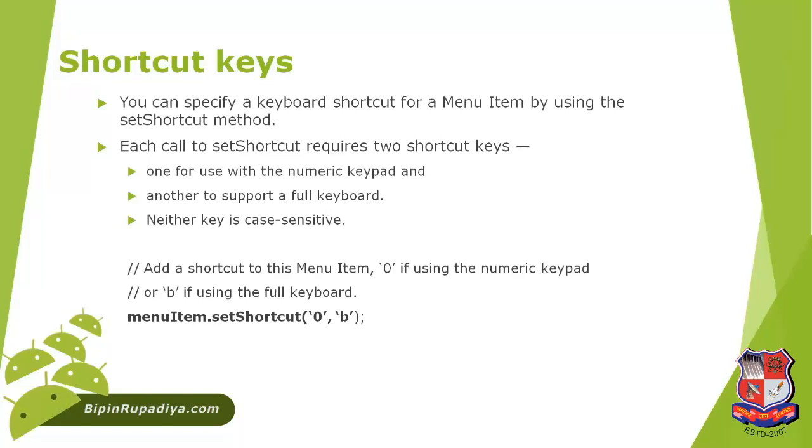In the first we will pass 0 to 9 for the numeric keyboard, and for the other we should provide a specific alphabet. It is not case sensitive, so you need to specify that over there. That is utilized as the shortcut key of your menu item. Two options you need to provide, first for numeric and another for your full keyboard as a character.